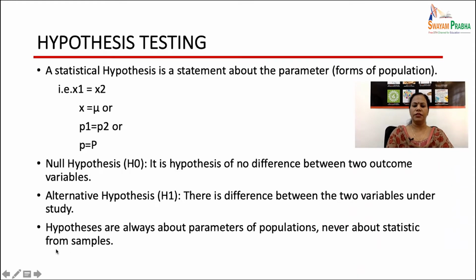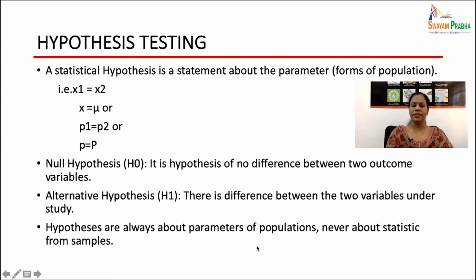And hypotheses are always about parameters of the population, never about statistics from the sample. So that should be very clear: whenever we make a hypothesis, it is always made about the parameters of the population.